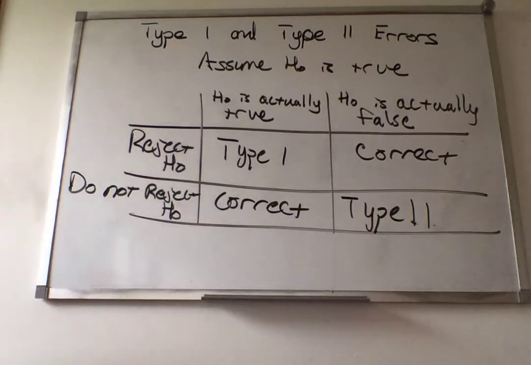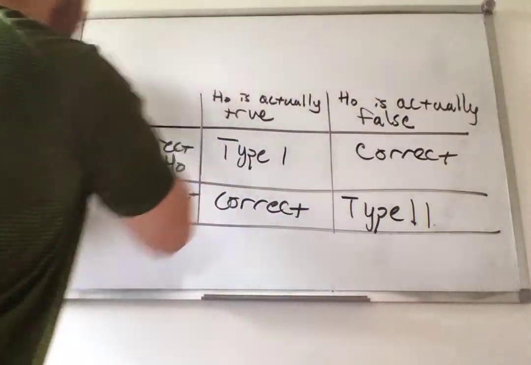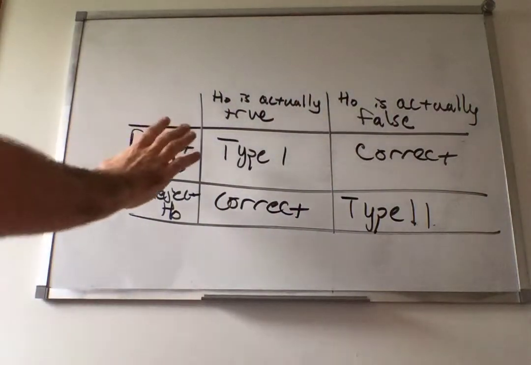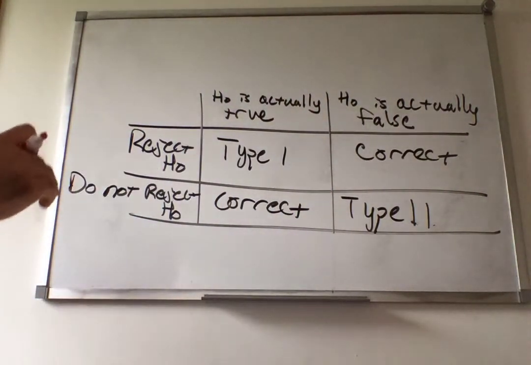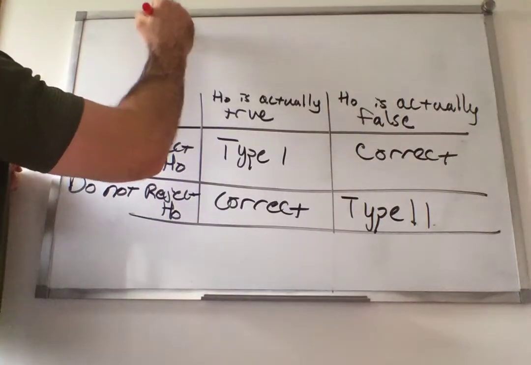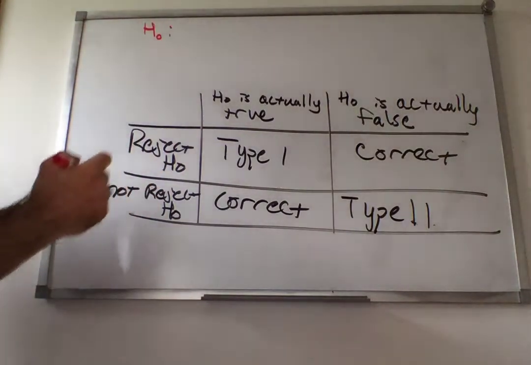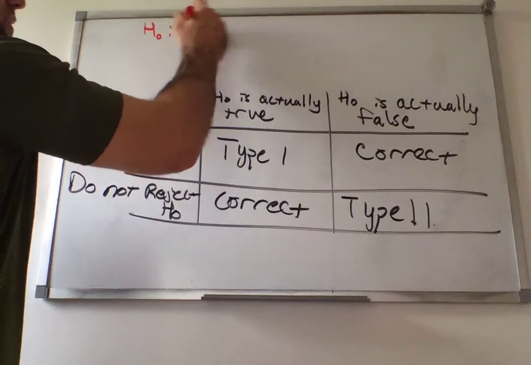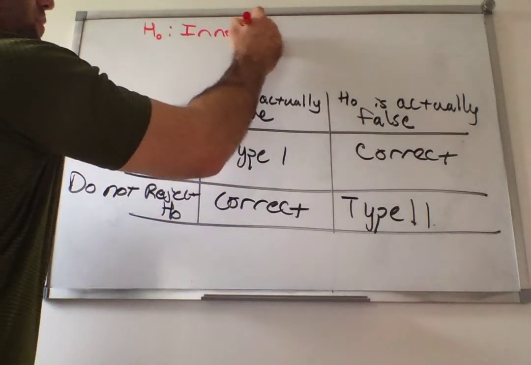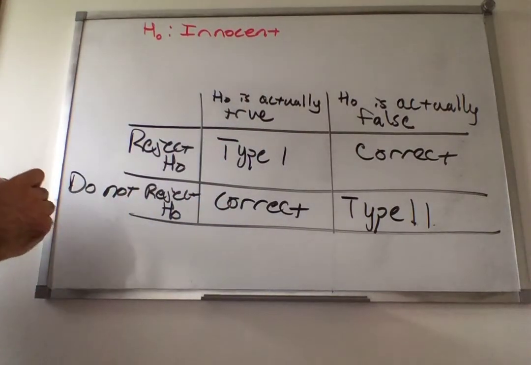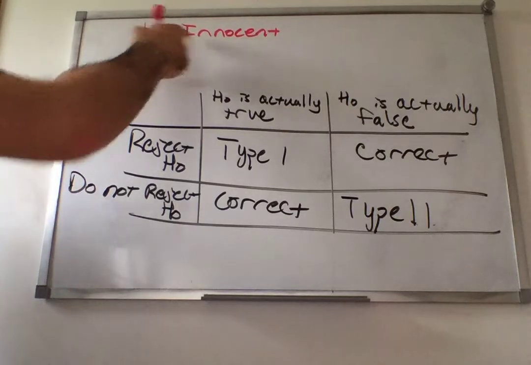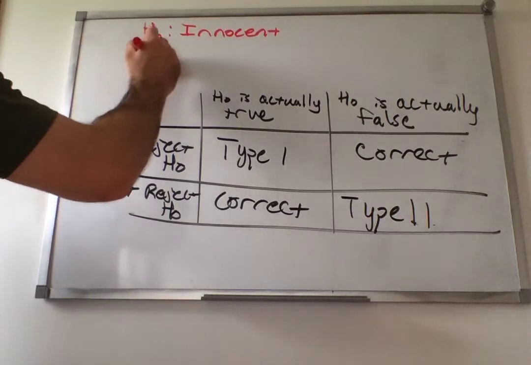So, let's write it up here. Let's keep this here. I know you have it in your notes. So, we commit a crime, we go to court. Innocent. So, you're innocent until proven guilty.